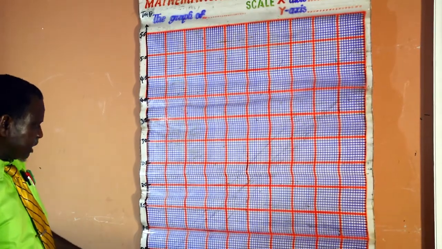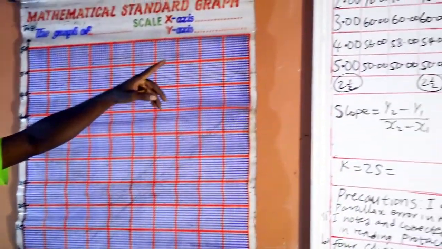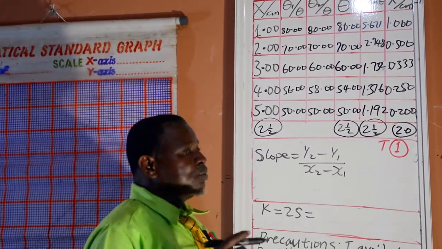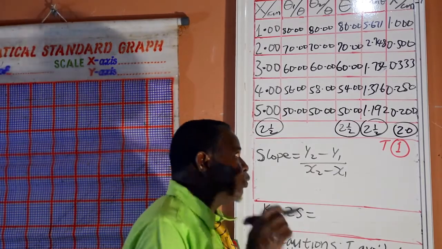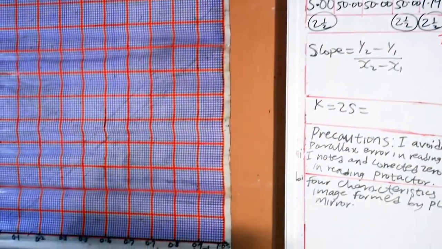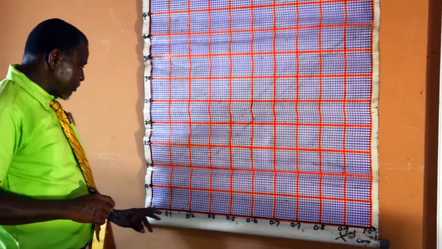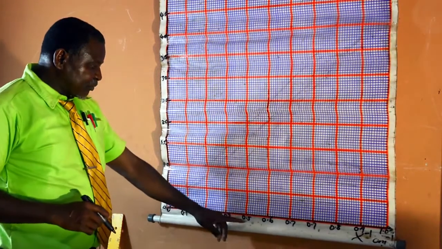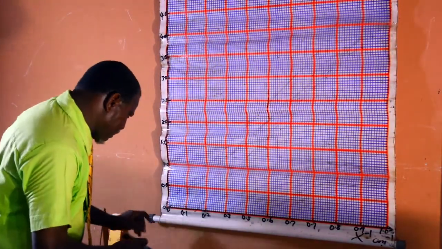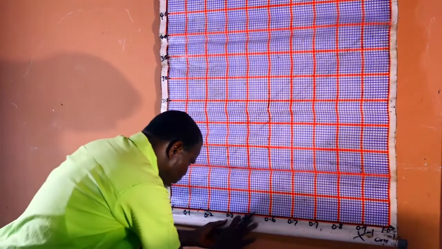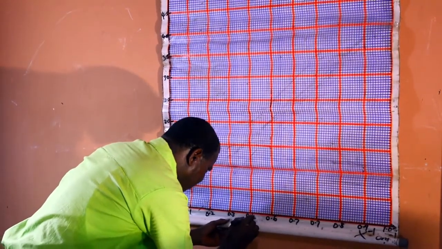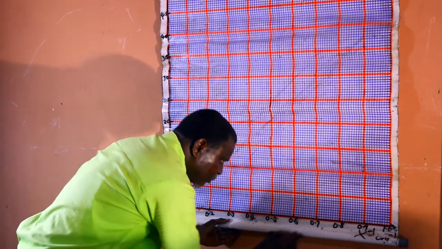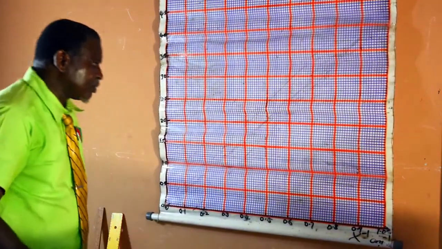For the horizontal axis, the maximum is 1.00, the minimum is 0.2. So we are going to use 10 small squares to represent 0.1 units. So this is the starting point 0.1, 0.2, 0.3, 0.4, 0.5, 0.6, 0.7, 0.8, 0.9, 1.0.